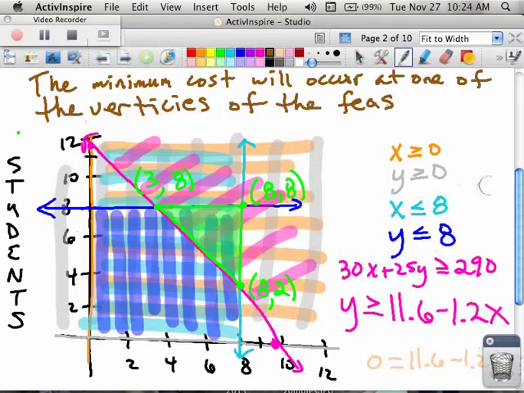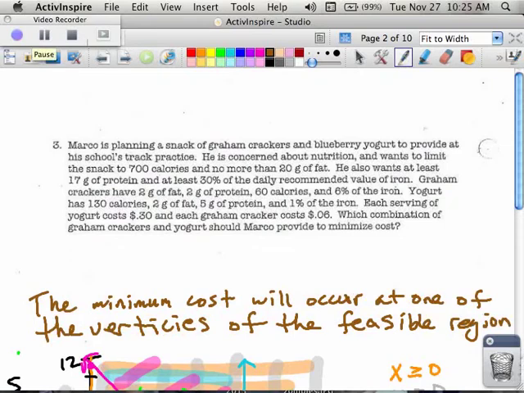It could happen at any of them. Generally, it's only one that actually is the lowest, but there have been times when 2 or more could have the same exact low cost. Rare. Can happen.